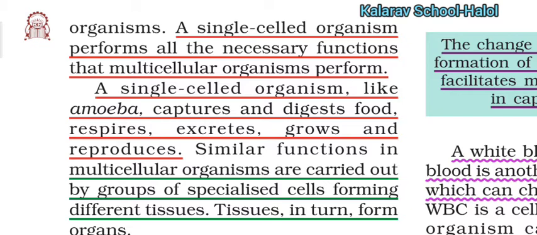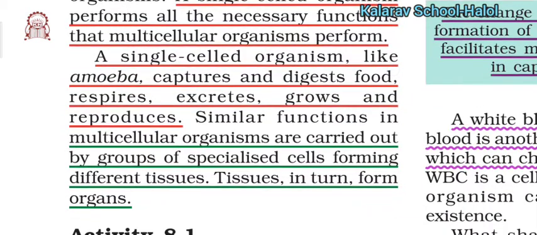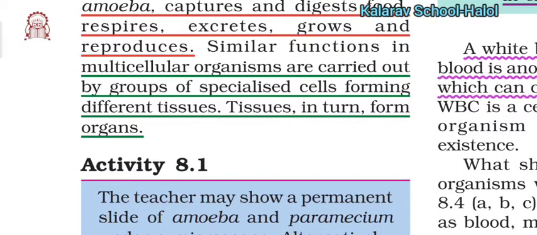Similarly, multicellular organisms have specialized cells which form different tissues. A group of cells is called a tissue. A tissue performs a particular function. Then a number of tissues join to form organs. But in the single cell organism, that single cell performs all the activities that the multicellular organism performs in organ form.